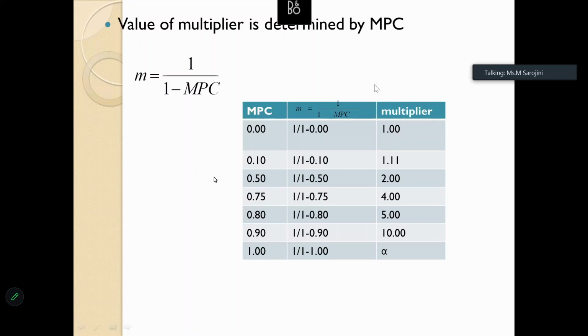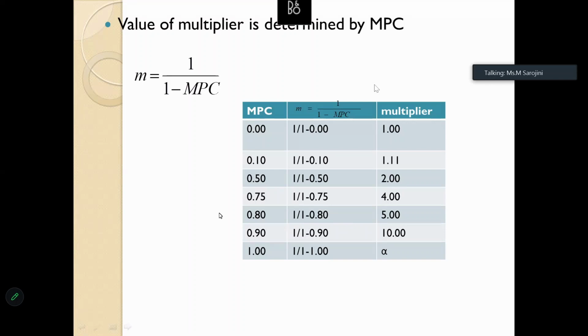Likewise, we know that again, the multiplier lies between 0 to 1. Therefore, I added these numbers 0.1, 0.5, 0.7, 0.8, and 0.9 because the MPC lies between 0 to 1, right?